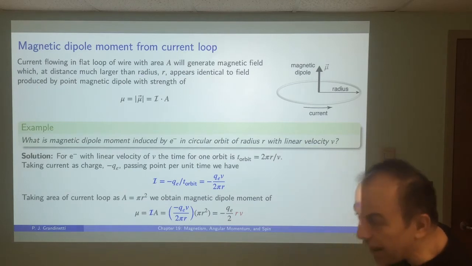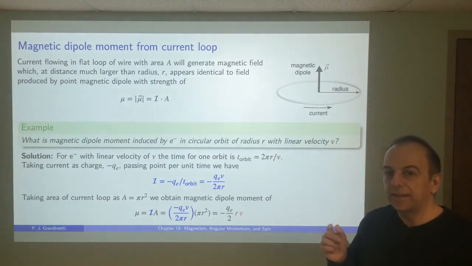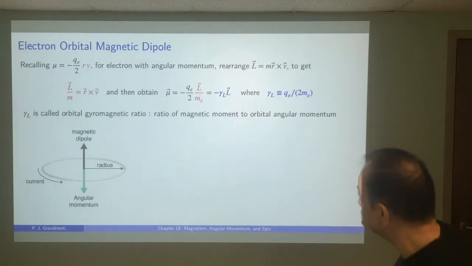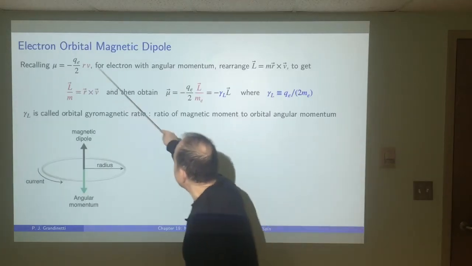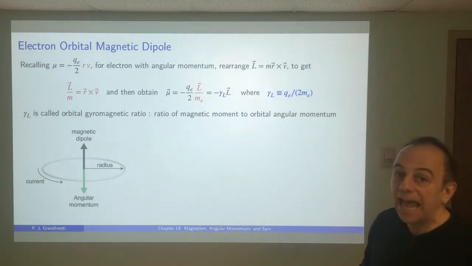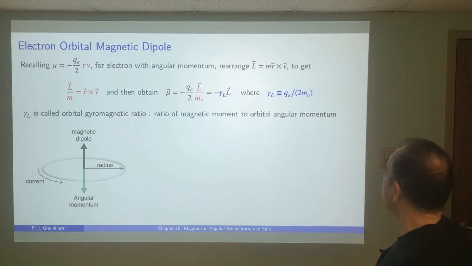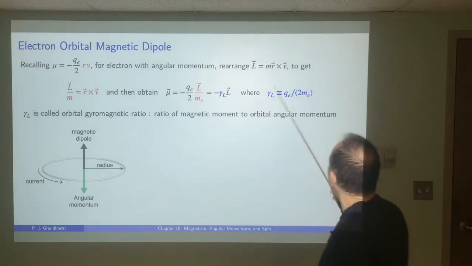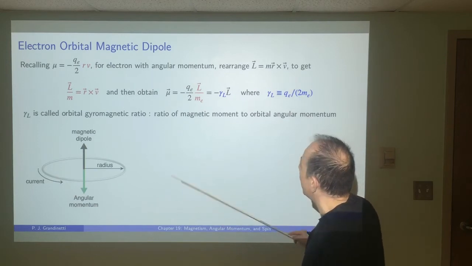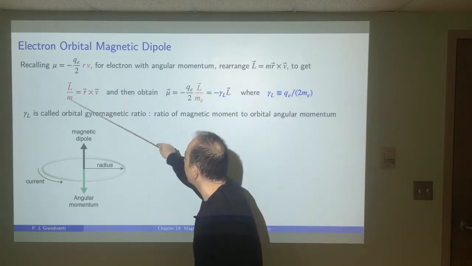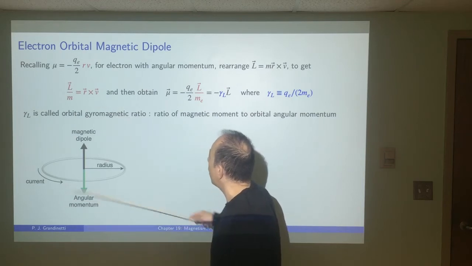All right, so now we have an expression for the magnetic dipole moment generated by an electron moving in a small orbit. If I take that expression and recall what we've learned already about the angular momentum of electrons and angular momentum in quantum mechanics, we're going to take that expression for angular momentum and rearrange it, and we're going to have an expression where L over m is equal to this product of r and v.